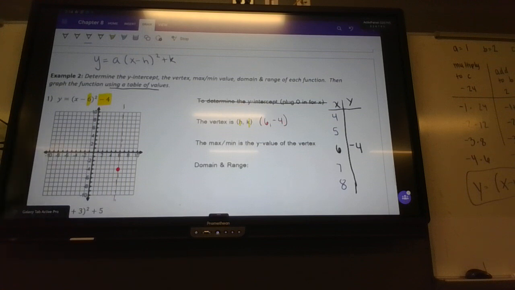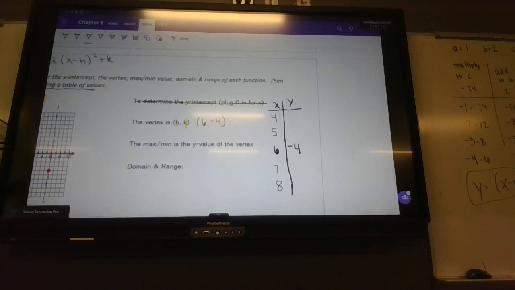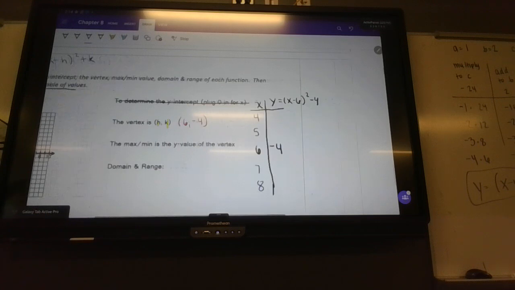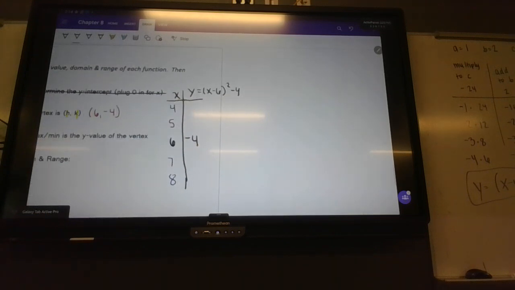What we're plugging into is x minus 6 squared minus 4. So I'll start with 5. Once the power of 2 is just 1.